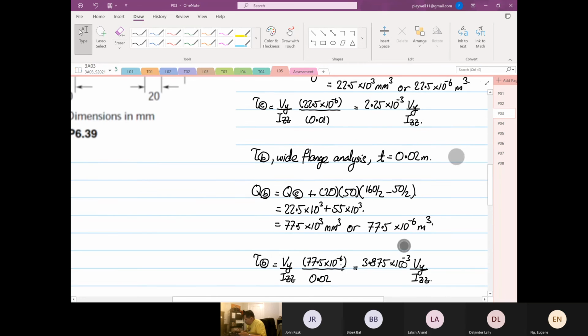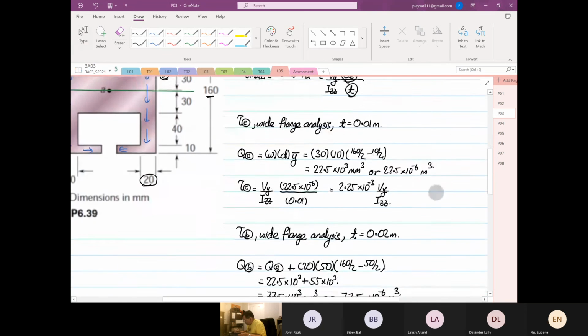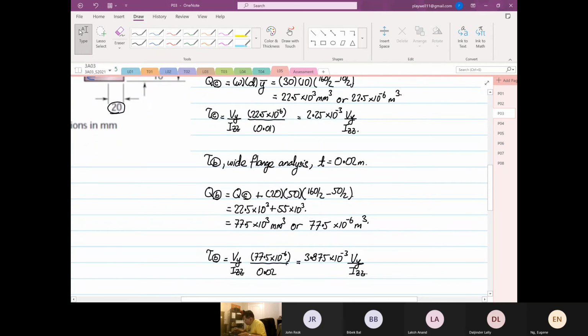So what you realize is that at point B, no doubt it is wider, right? But it has a higher first moment of area. That's why at point B the shearing stress is higher than at point C, by looking at the ratio.